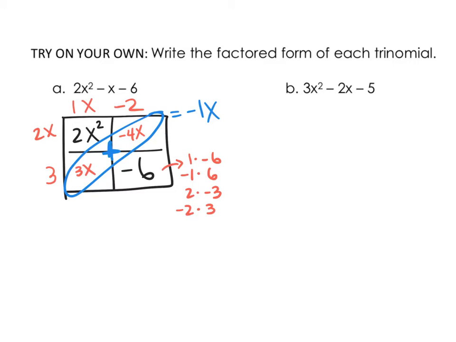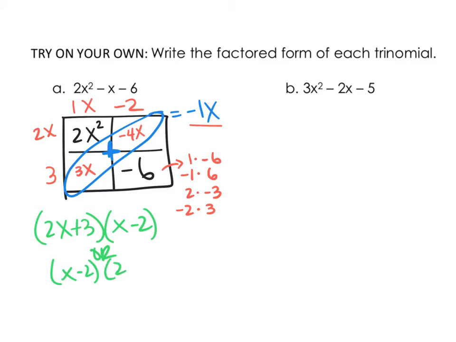So 3x plus a negative 4x does get me to negative 1x. So I found my answer. 2x plus 3 and an x minus 2. Or remember, you can always write it the other way. That is also correct.